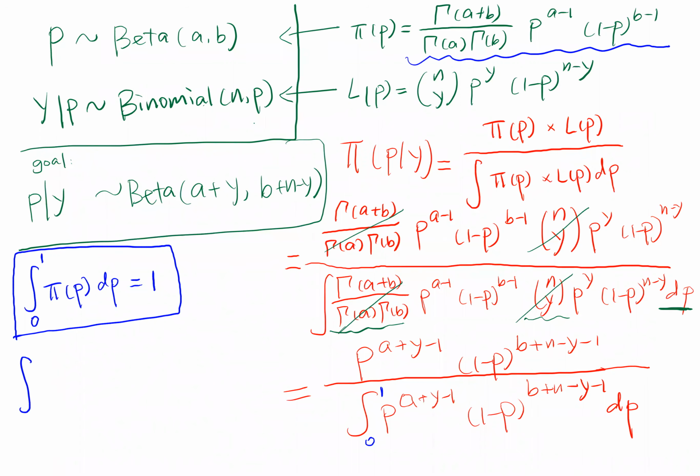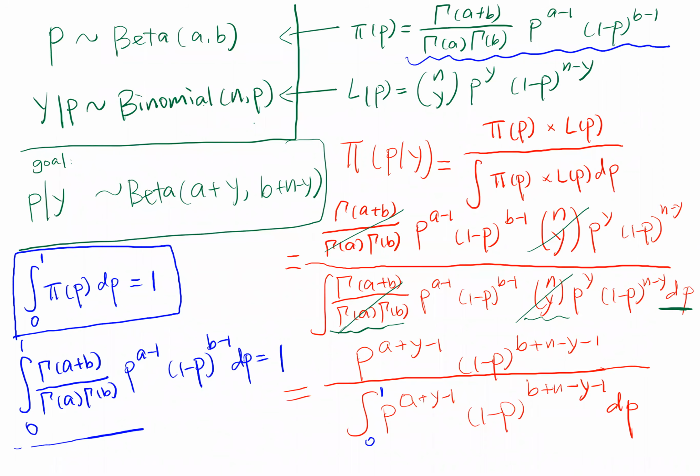If I integrate from 0 to 1 a beta(a, b), that means if I integrate over p, it's going to be 1. Okay? This is not yet what you need, but it's very close to what you need.